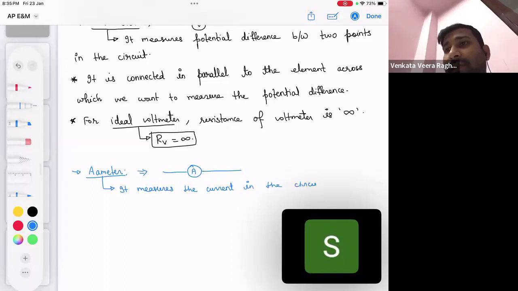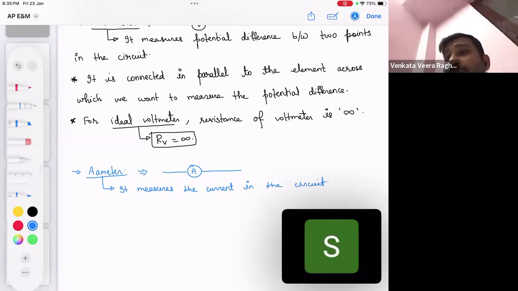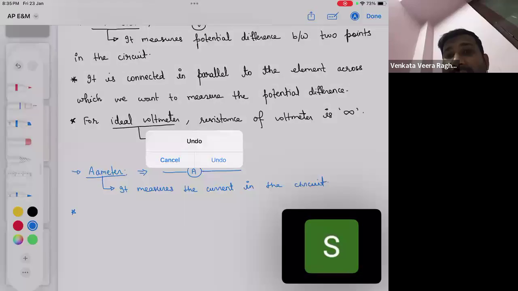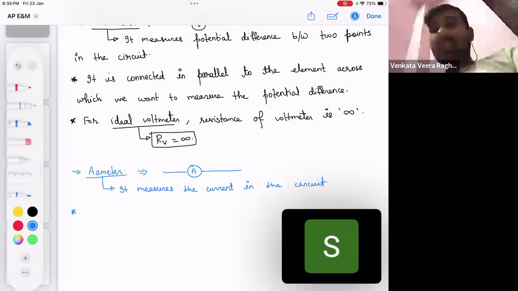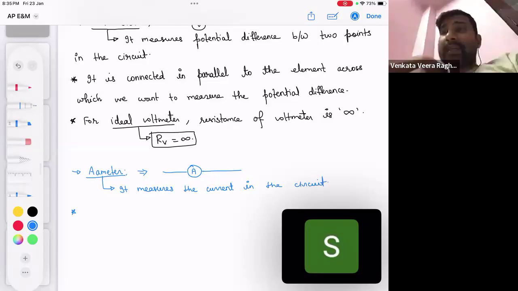So if I want to measure the current in the circuit, how should I connect it? Let's say I want to measure the current in any branch, or the current passing through any resistor or battery. Should I connect an ammeter in series with that resistance or battery?